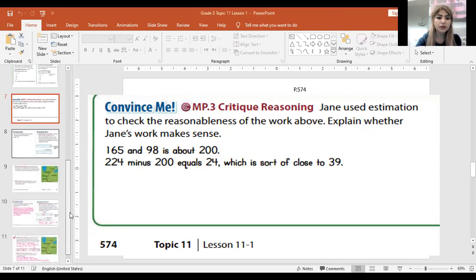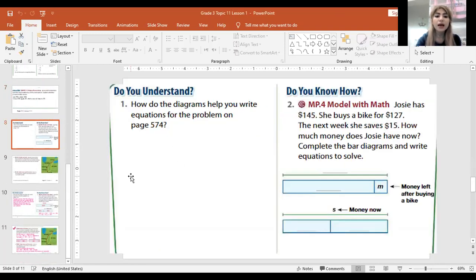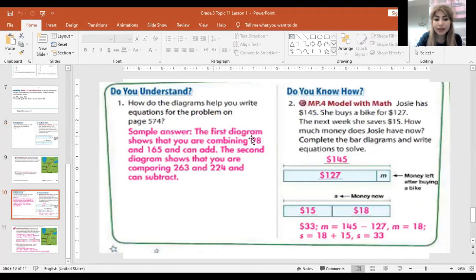Okay, my lovely girls, here. How do the diagrams help you write equations for the problem on page 574? Using diagrams, the first diagram shows that you are combining 98 plus 165.